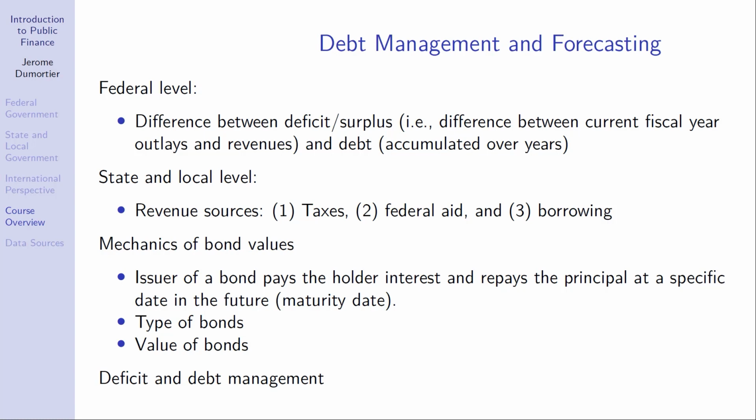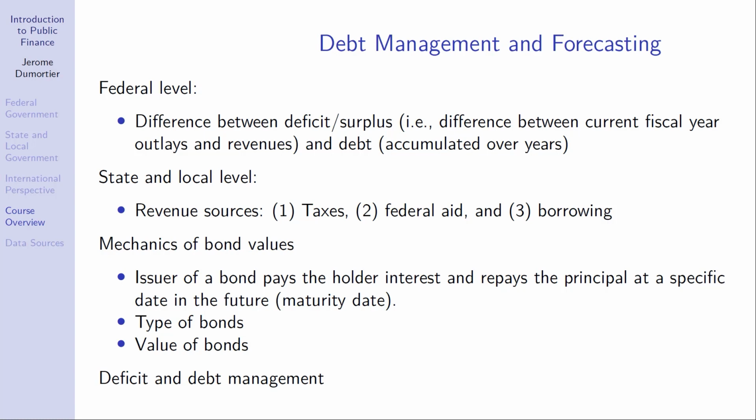We have mentioned before that if you are incurring a deficit over multiple years, that you are accumulating debt, which is basically the accumulation of deficits. Now, this debt has to be managed. There have to be forecasts, and we are going to look at the debt management and forecasting.